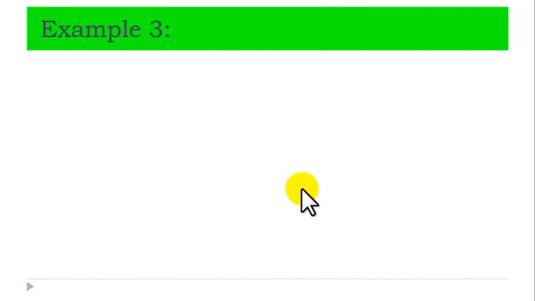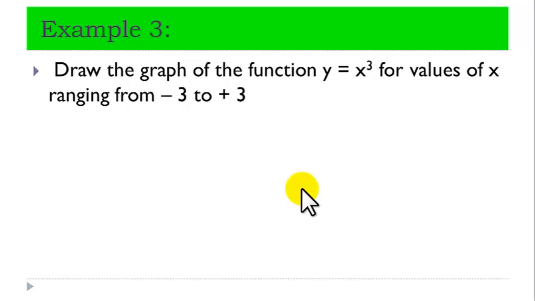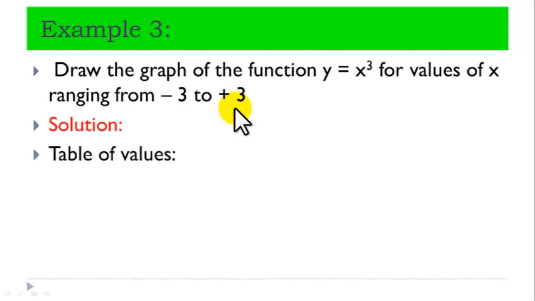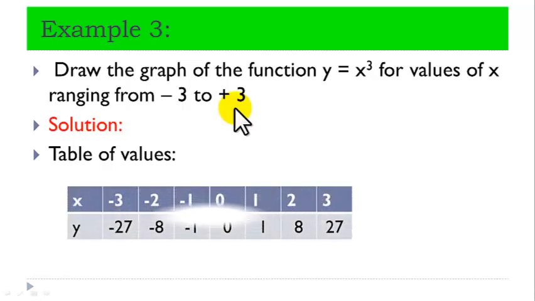Example 3. Draw the graph of the function y equals x cubed for values of x ranging from minus 3 to plus 3. Solution. Again, first we have to construct the table of values, and here is the table of values for this graph. x ranges from -3 to +3, and these are the corresponding values of y.